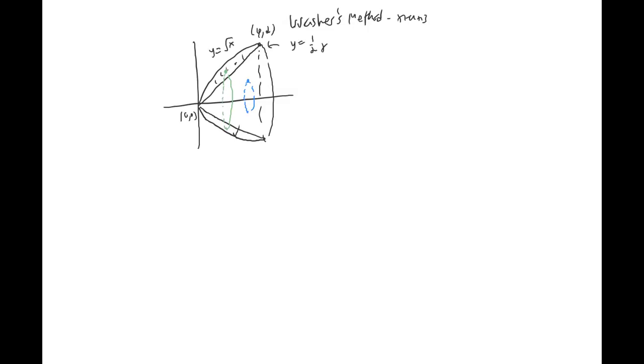But this point right here, the blue point, is not in my region. I only want to rotate the green stuff, not the blue stuff, but this big cone includes the blue stuff. So in this case, we have to exclude all the blue stuff that gets rotated, in easy terms.